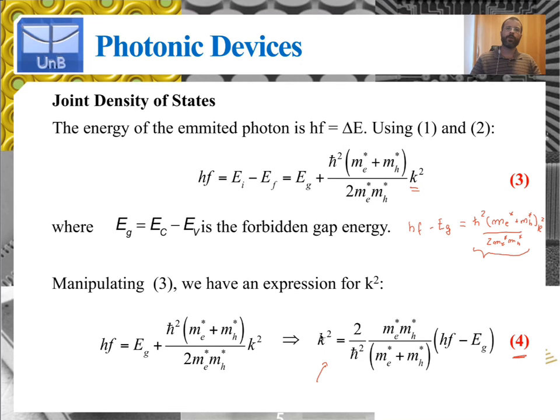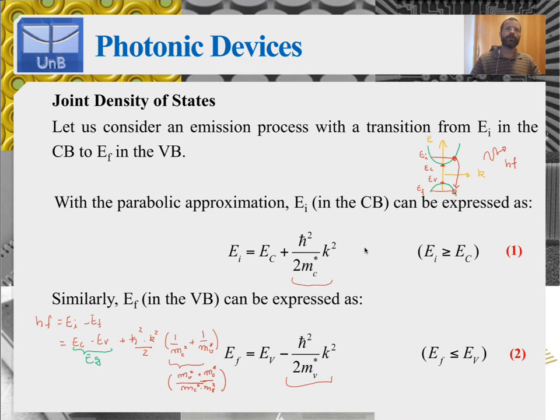We can now substitute this k squared in equation number 1. We can replace it right here and get an expression for Ei in terms of the frequency f, and we'll see in a minute why we're doing this.